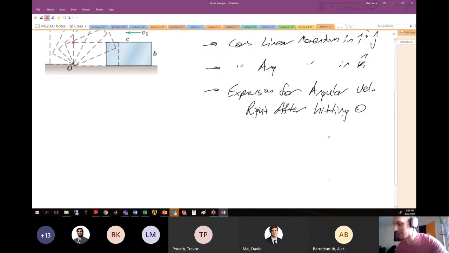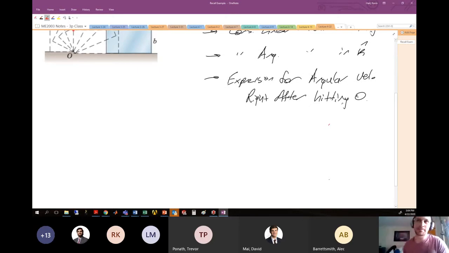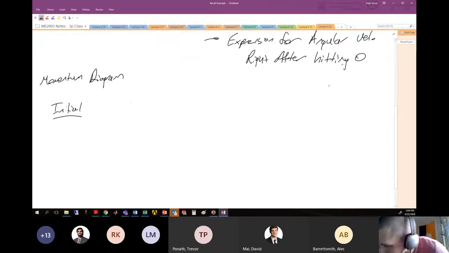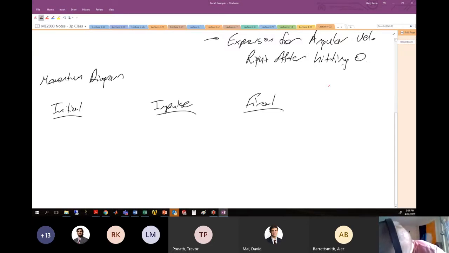So remember, our momentum diagrams have initial momentum, impulses, final momentum. Our initial momentum.